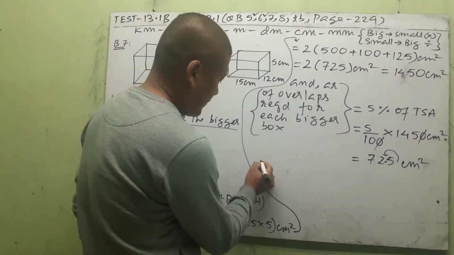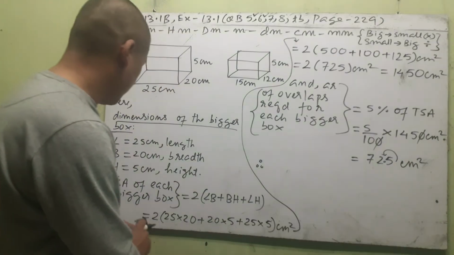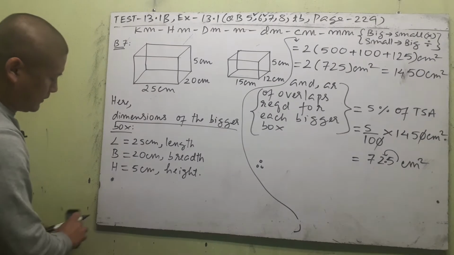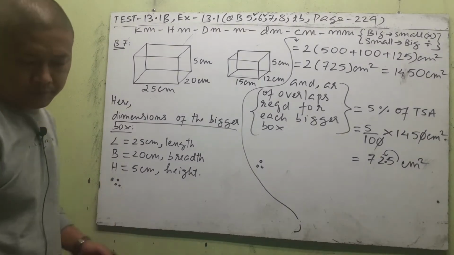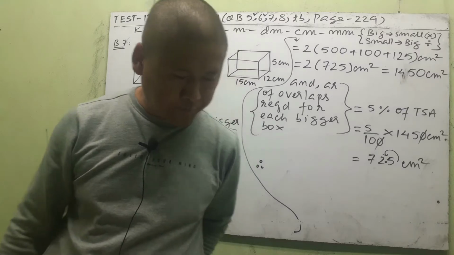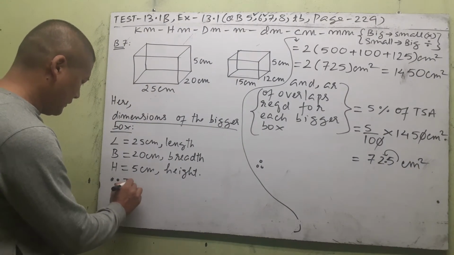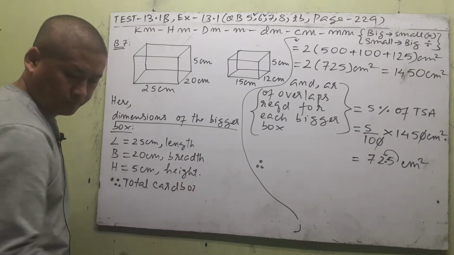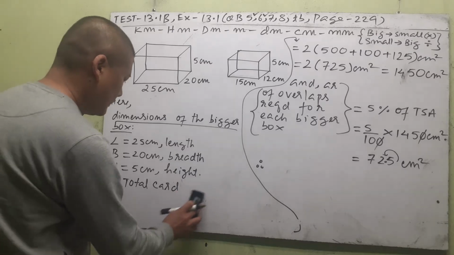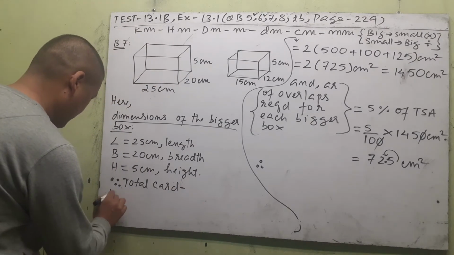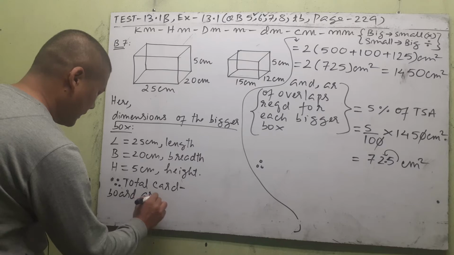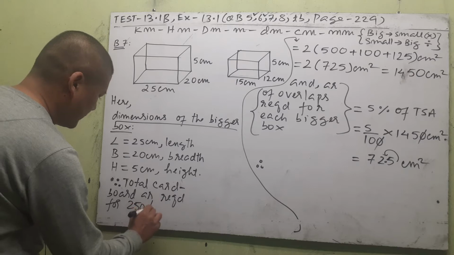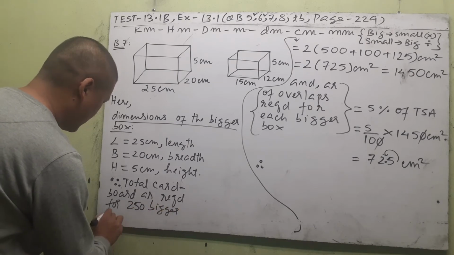So therefore, let us calculate here. Let us write here, therefore, total cardboard area required for 250 bigger boxes, 250 numbers of bigger boxes.